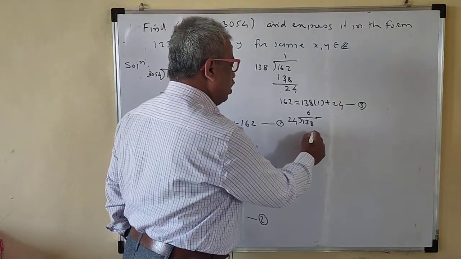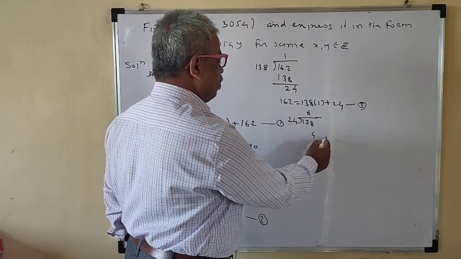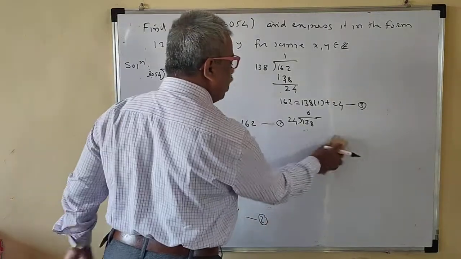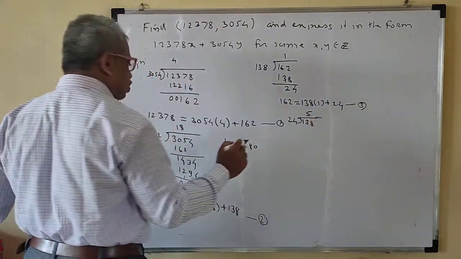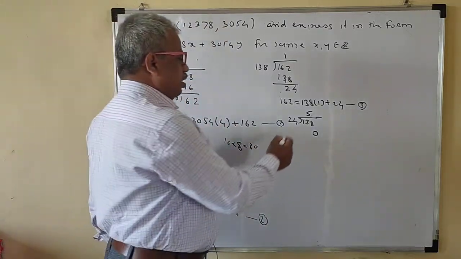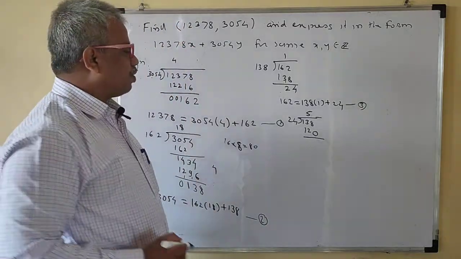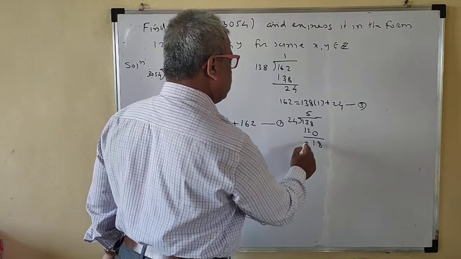So this is 24 2, so 12 plus this is 4. So this will not work. So you have to take 5 now here. So this is 20, and this is 10. So this is 12, so 120. Then this is 8. This is 1 and this is 0.